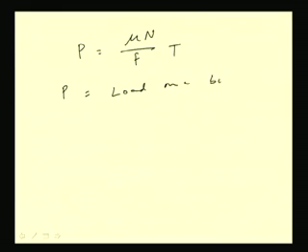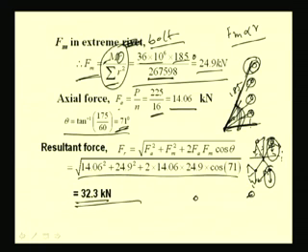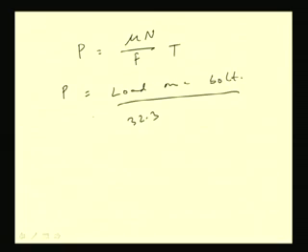In the bolt, we know the equation that P is equal to mu n by F into T, where P is the load on a bolt, and in this case it means the load on a bolt in CR basically. In this case it will be 32.3, because this much load has to be carried by the bolt.